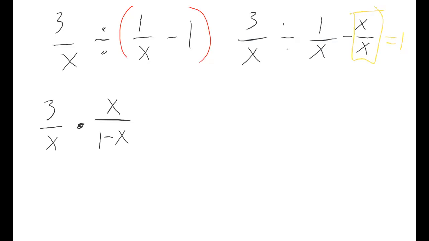And by finding that common denominator before I do the flip and realizing that fraction is all together, this problem turns out to be not so bad, right? Because this first x in the denominator will cancel with this second x in the numerator. And then I just get 3 over 1 minus x, and that is the answer.